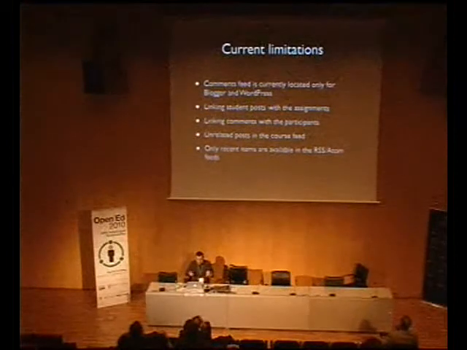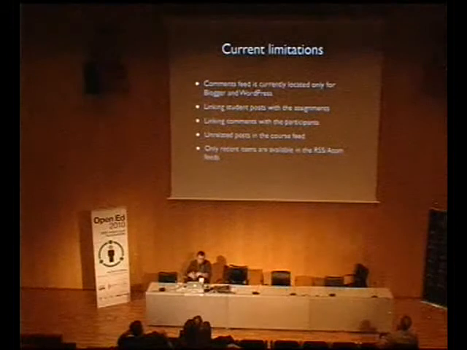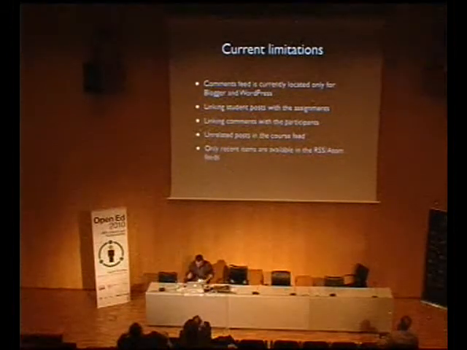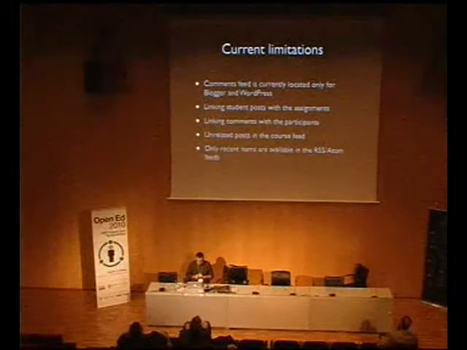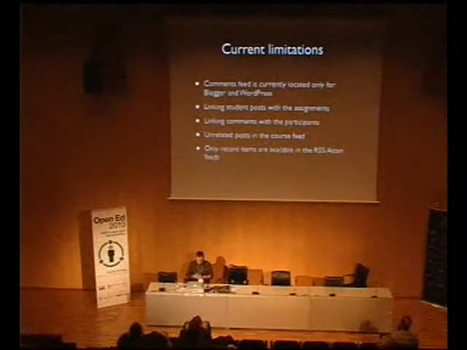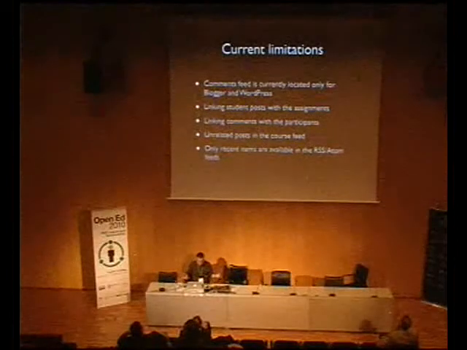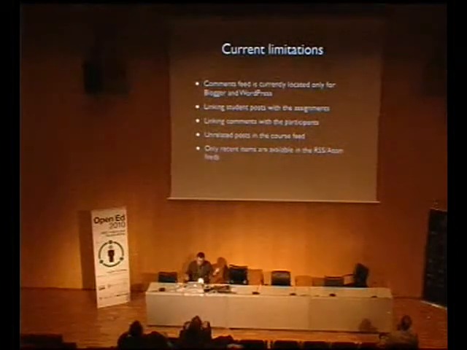But actually, in most of the cases, there is some other URL. It could be their Blogger profile, OpenID, something else. And then students use one blog for several things, sometimes one blog for several courses, and then unrelated posts might come up in the course feed. So the facilitator can hide these.